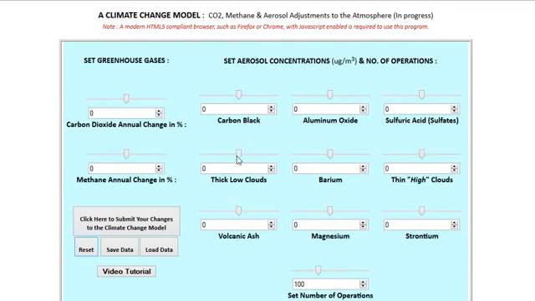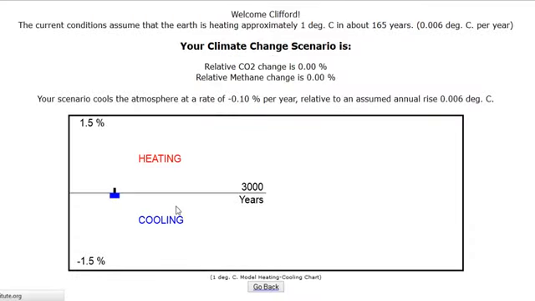Now, the numbers on these are not all the same, and you'll see that even though we're dealing with no additional heating from the greenhouse gases, the case of thick low clouds is an interesting one because it stands out. It stands out as being a little bit stronger than the others by magnitude.